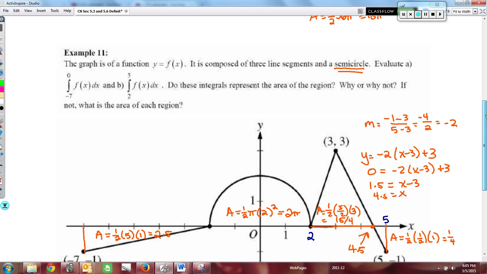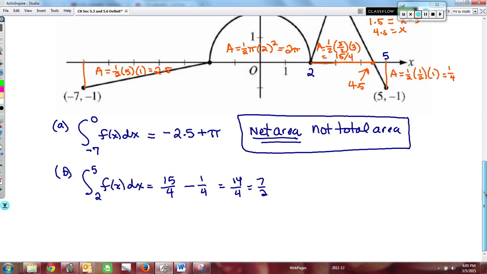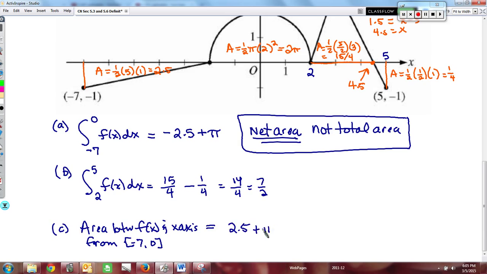Okay. And then they say, well, what is the area of each region? All right, so let's kind of put this down at C. So the area between f of x and the x-axis from -7 to 0 is going to equal 2.5 plus pi.